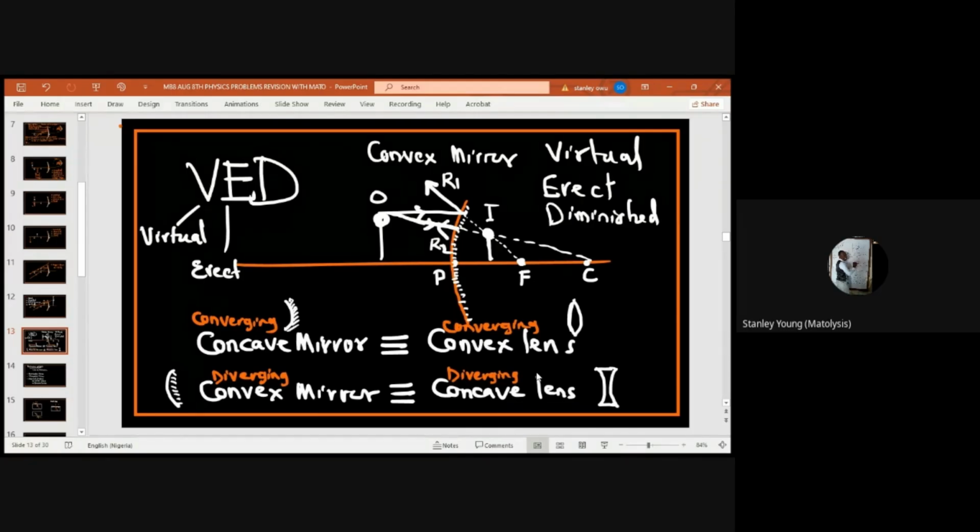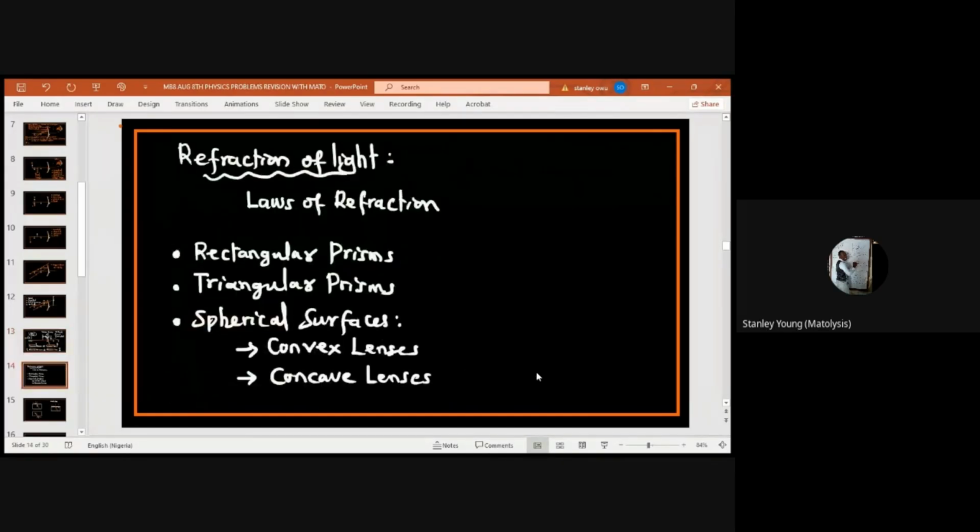So let's move on. So we have refraction of light. Refraction generally is the bending of a wave when it moves from one medium to what?